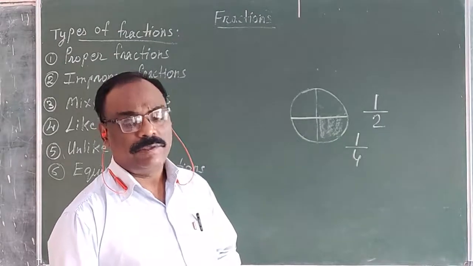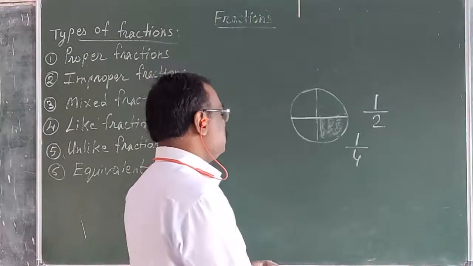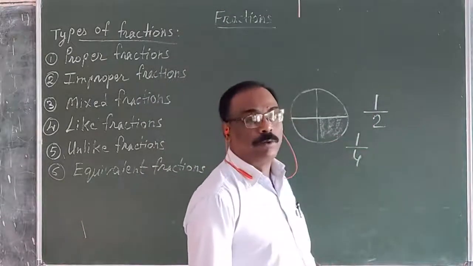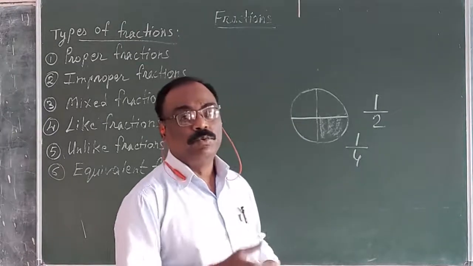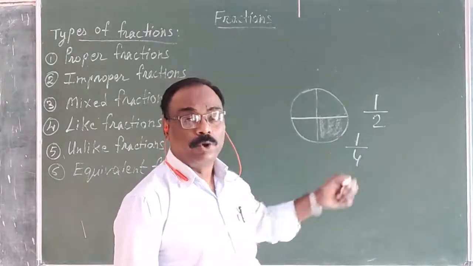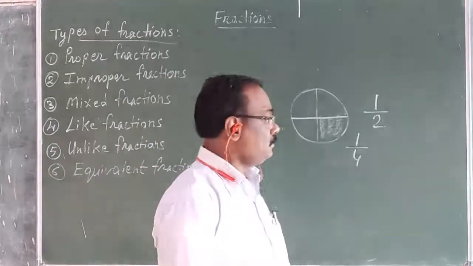Okay. Now in a fraction, you should know, just as I was telling, the 1 we write on the top, 2 we write on the bottom. We don't say it like this. There is a name given to each of these numbers. What is the name for the top number and what is the name for the bottom number?